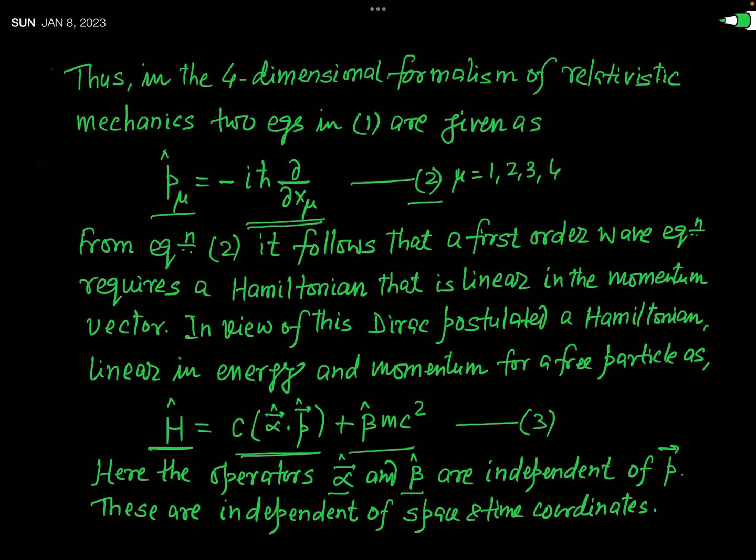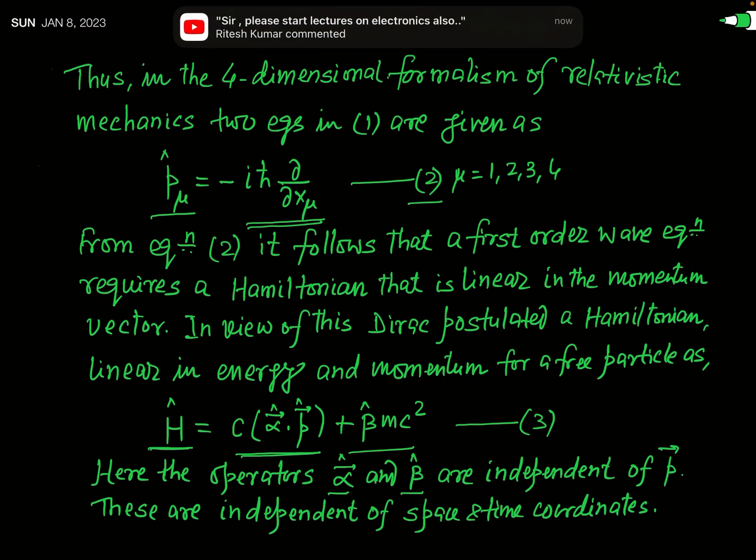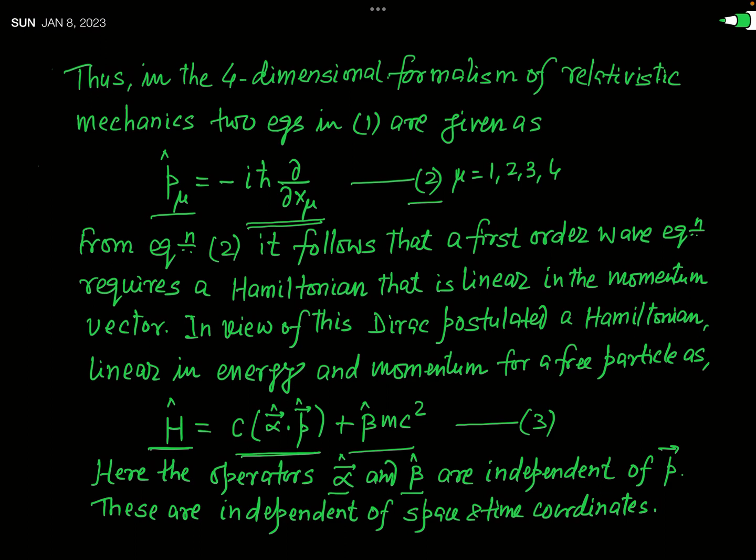At the end of this lecture, when we will actually obtain the Dirac equation, then we will find what is the meaning of these two operators and what are the important properties of these operators alpha hat and beta hat, and from that property you will conclude what should be the form of these operators and what should not be the form of these operators. We will find it at the end of this lecture.